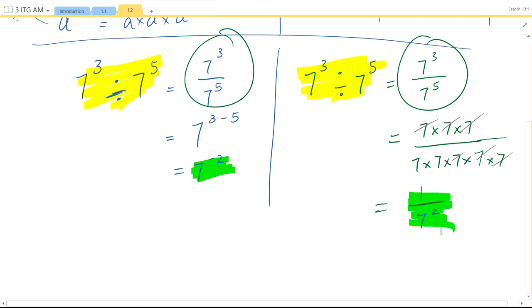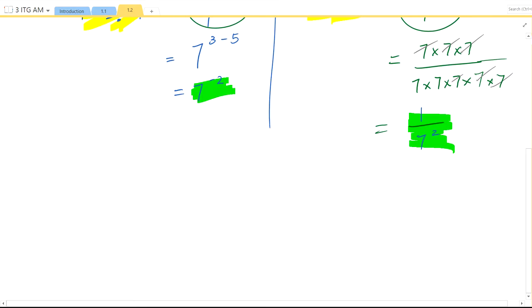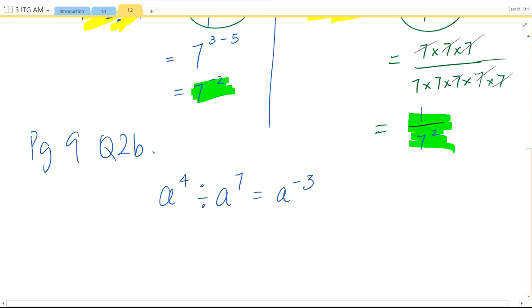You can try filling in the blanks for 2b on page 9. You should see that a to the power of 4 divided by a to the power of 7 equals a to the power of negative 3, and it is also equal to 1 over a power 3.